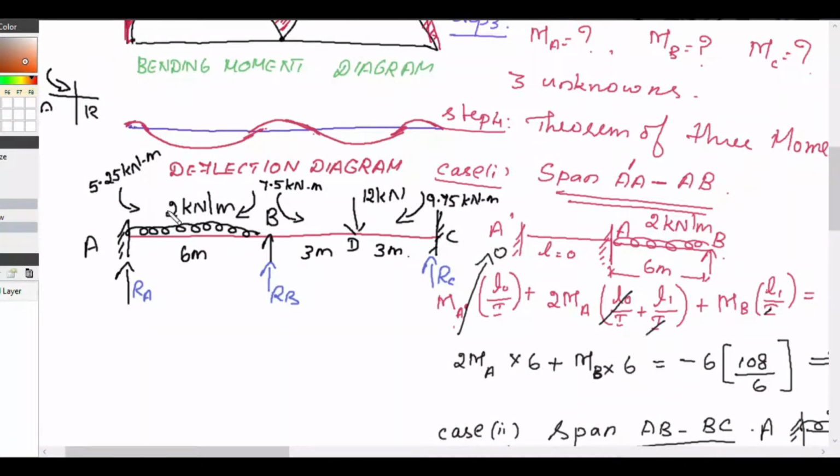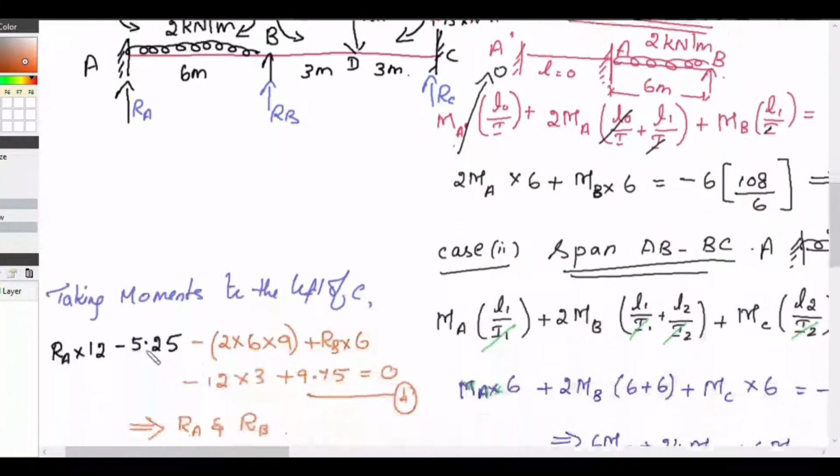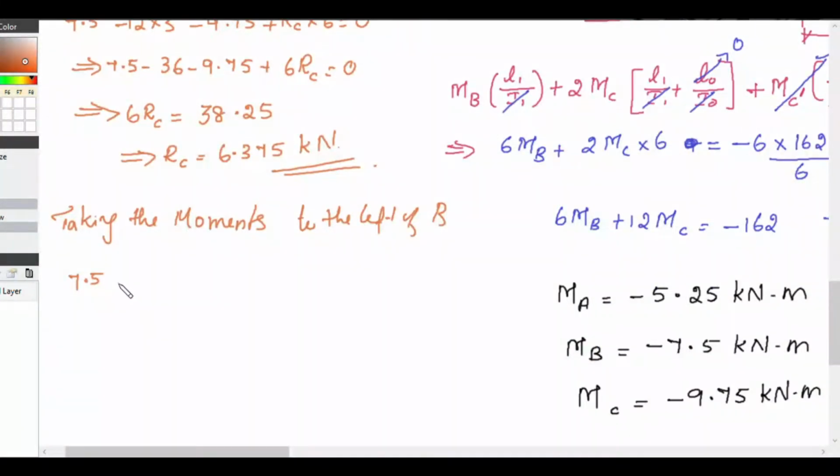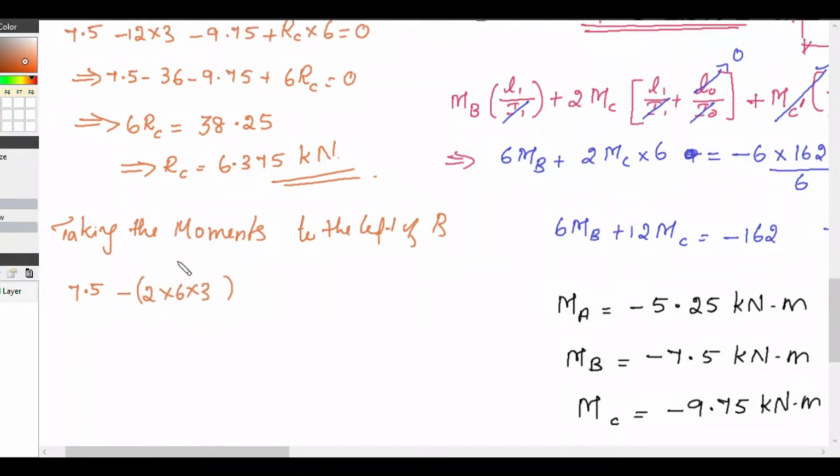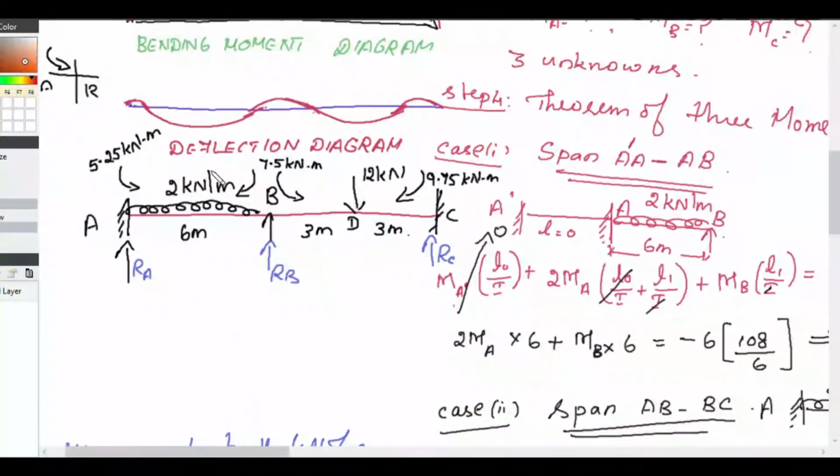Now there is a 2 kilonewton per meter. So left anti-clockwise is negative. So minus 2 into 6 into 3. Now we have a left anti-clockwise, so left anti-clockwise is negative.